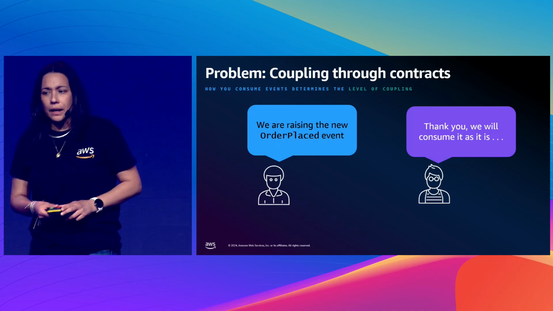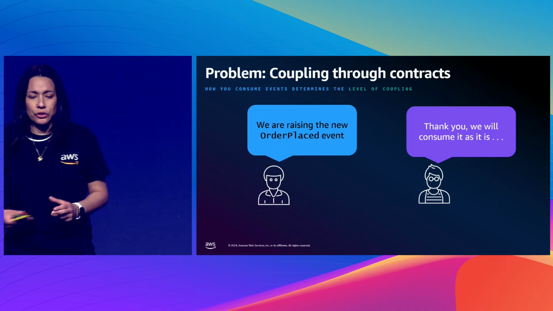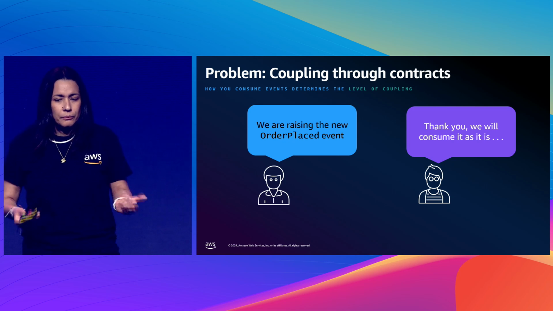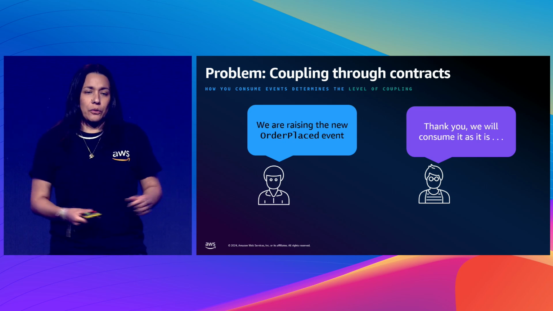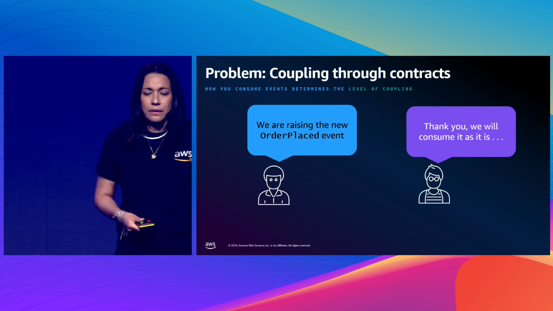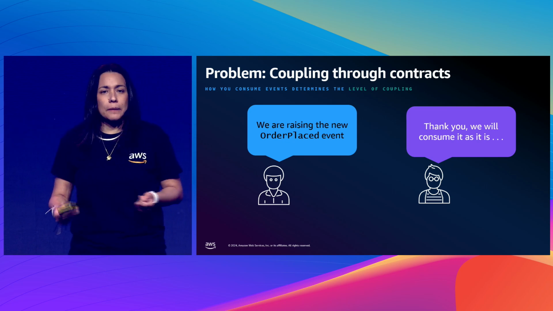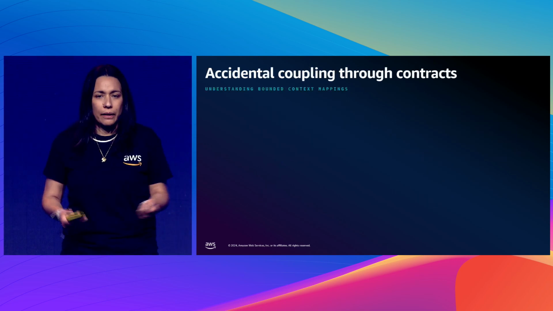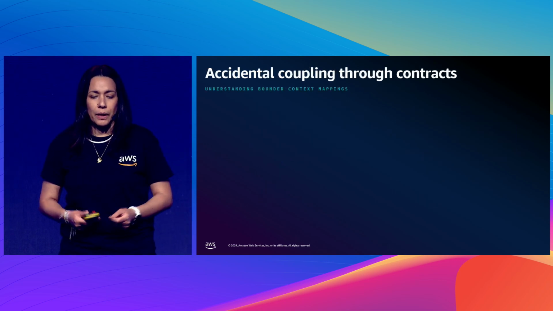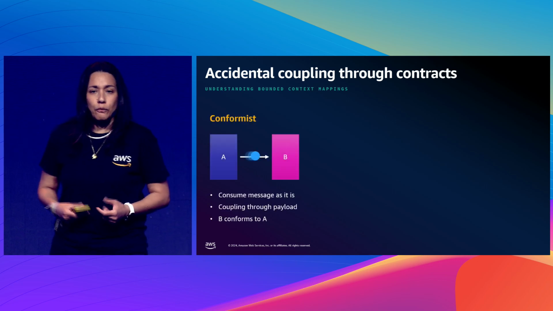Another problem that might come down the line is the coupling through contracts. So as we integrate different domains, we start to raise events, and we will typically fall into one of these patterns of integrating across domains. The first one is the conformist.